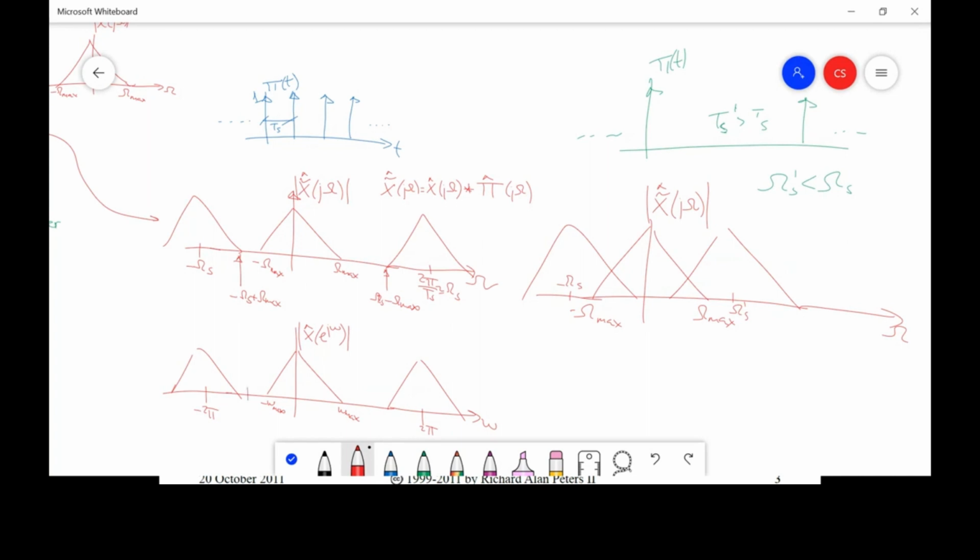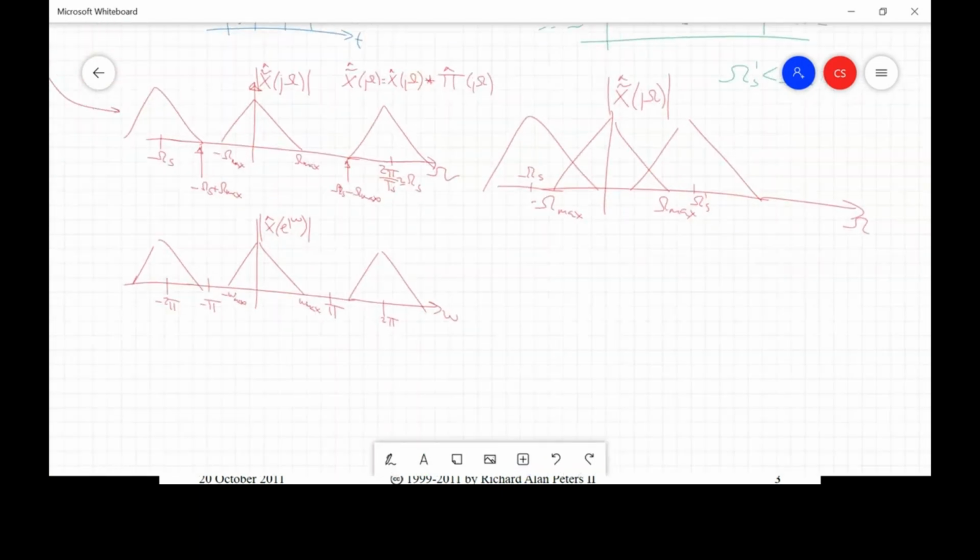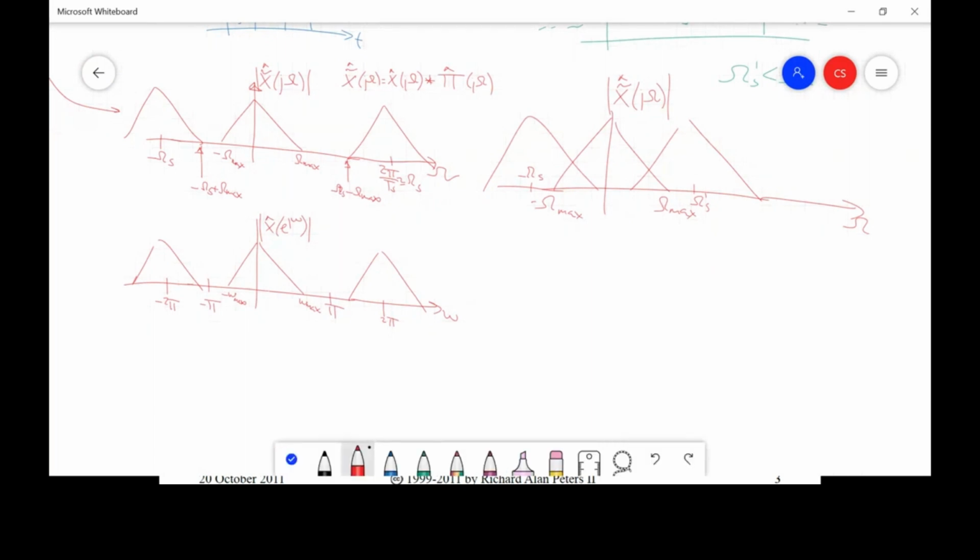Let's make this minus pi, and this pi. When I do the rescaling of the frequency axis, minus pi to pi stays fixed.